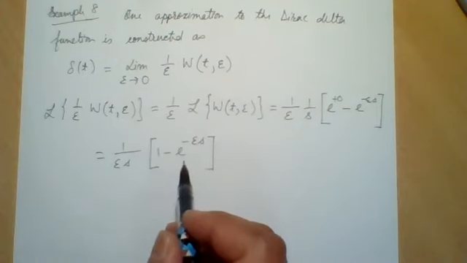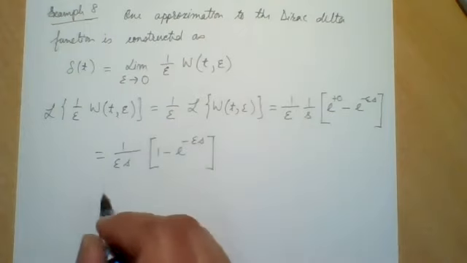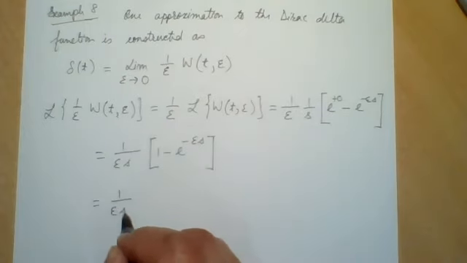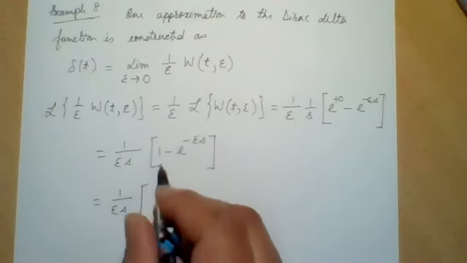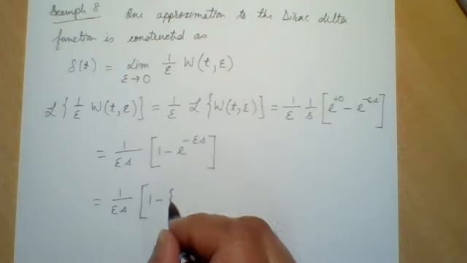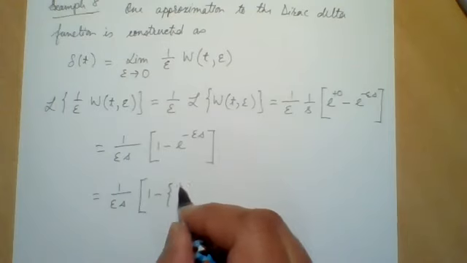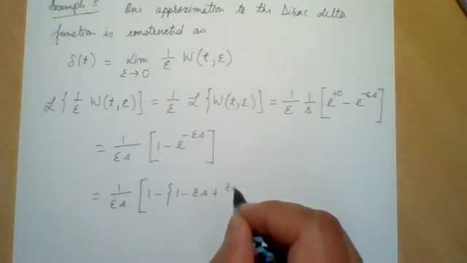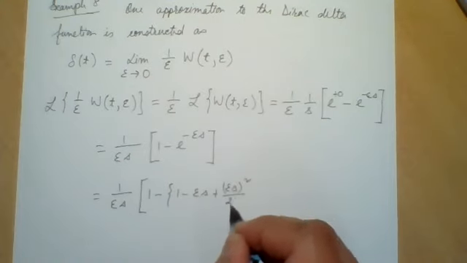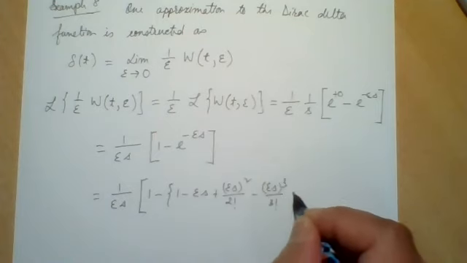Now let us expand e to the power minus epsilon s in a Taylor series about the origin. So this is 1 by epsilon s times 1 minus the expansion of e to the power minus epsilon s, which is 1 minus epsilon s plus epsilon s whole square by 2 factorial minus epsilon s whole cube by 3 factorial and so on.